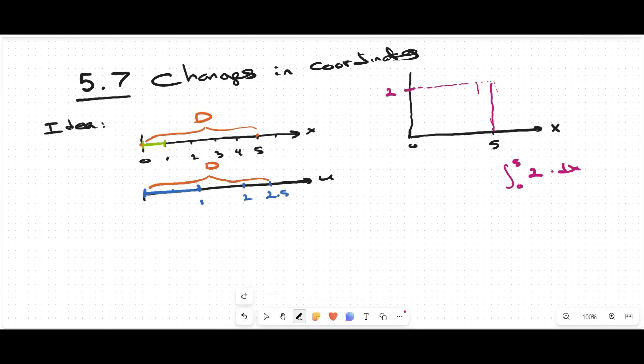Let me make this a little bit bigger. And you can think of it as coming from adding up the areas of all these rectangles.